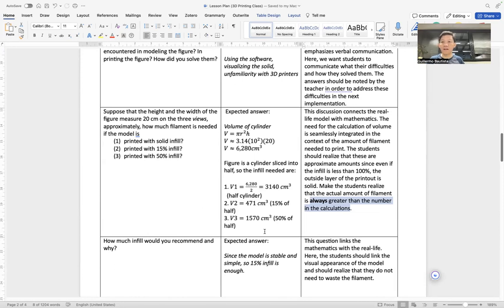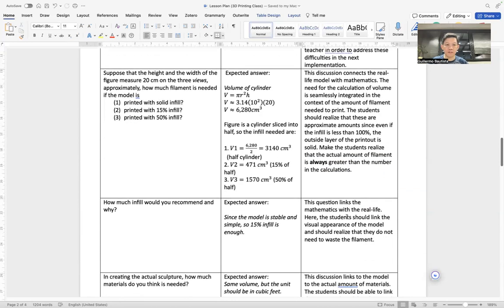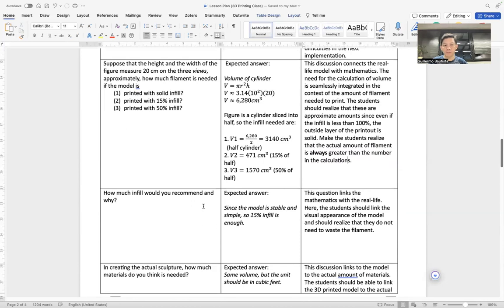But then again, let me highlight that this is not an exact figure. This is not the exact amount of filament that will be spent, because everything, of course, is approximation. So how much infill would you recommend and why?